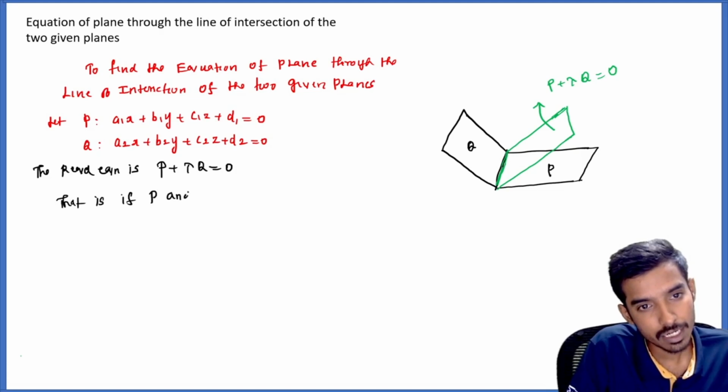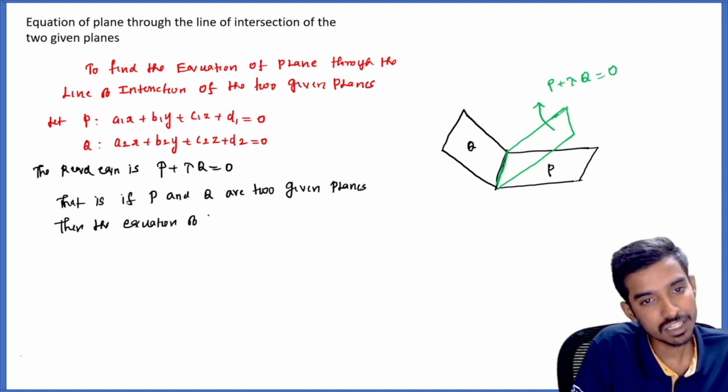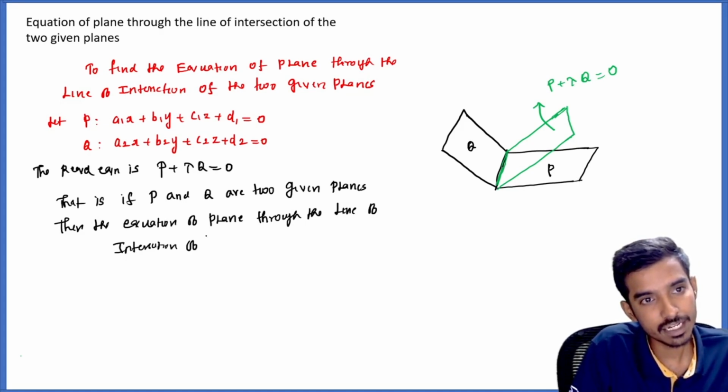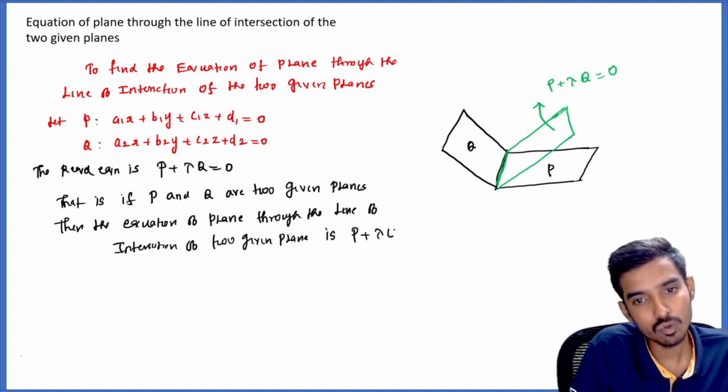If P and Q are two given planes, then the equation of the plane through the line of intersection of P and Q, of the two given planes, is P plus lambda Q is equal to 0.